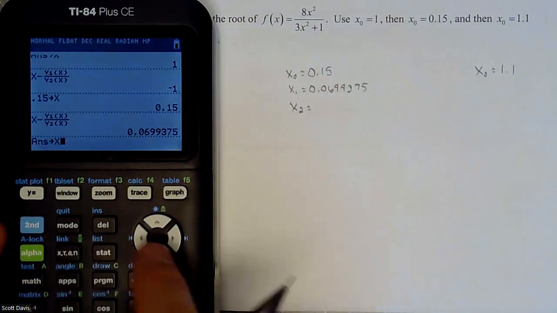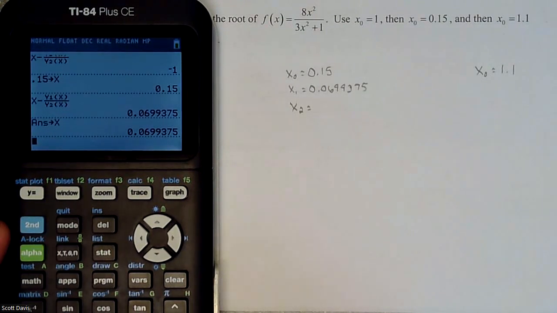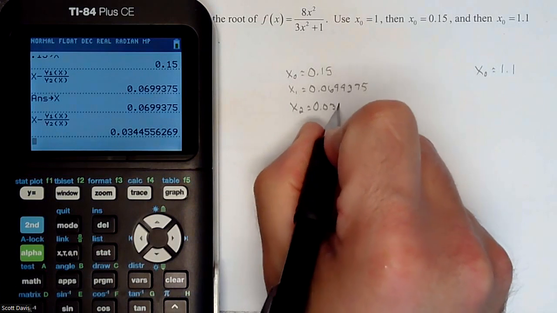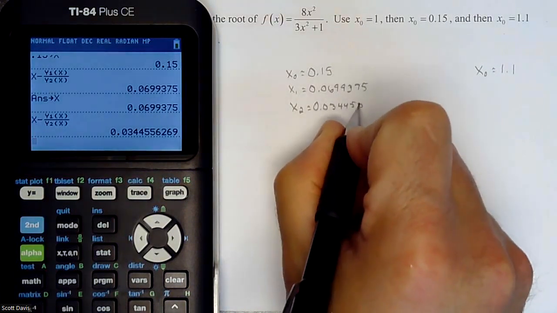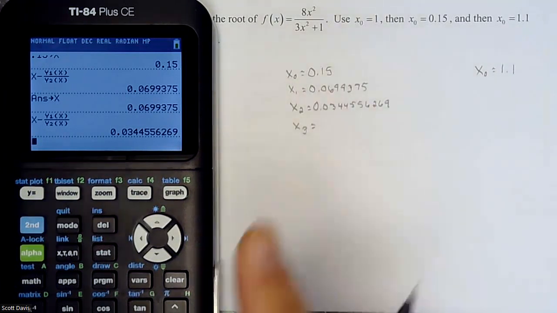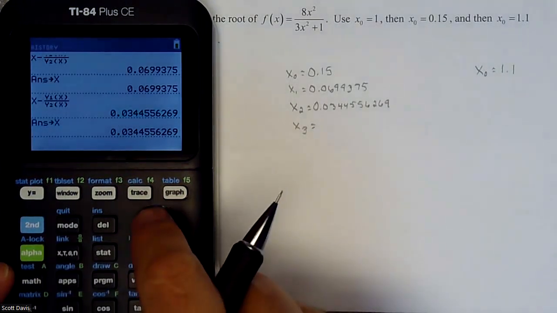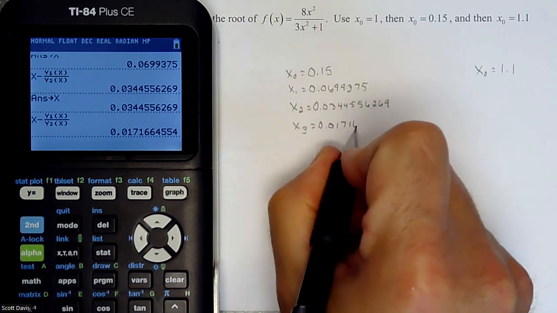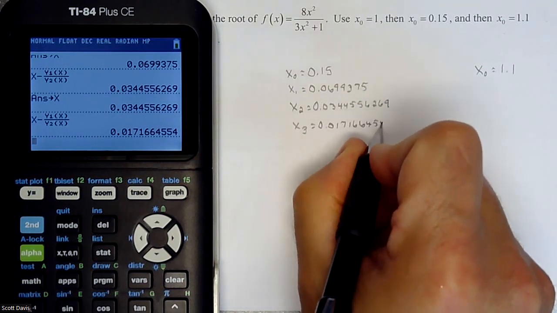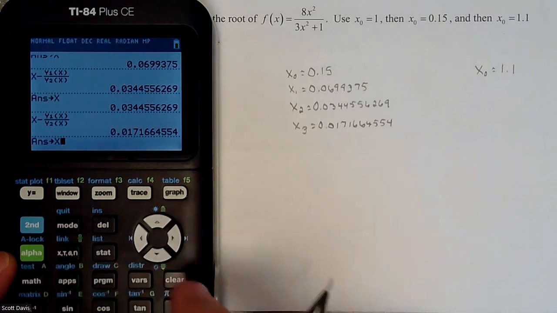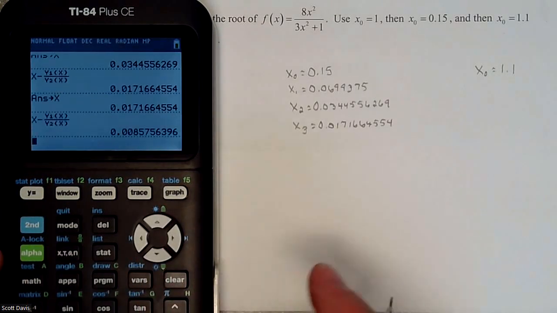So we'll store that as x, and then we'll let it do its thing. 0.034455669. And then we'll store that as x. Let it do its thing. 0.01716645554. Store that as x. Let it do its thing.